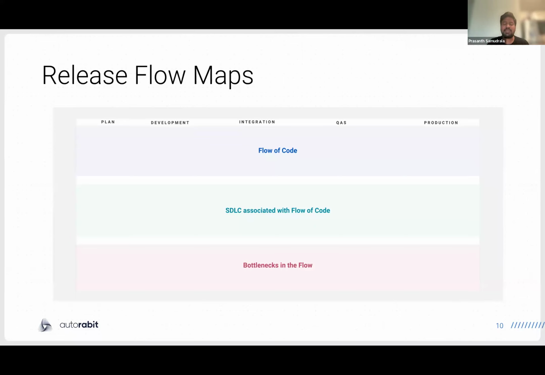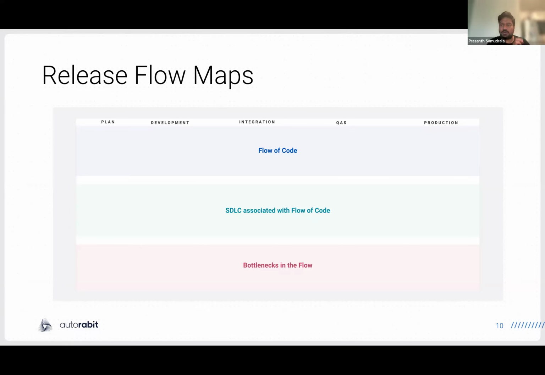So let me show you an example of how this looks from a real customer use case. This is what we want to give you as part of this webinar. This template is going to incredibly help you in drawing out how your current state of things is at your enterprise, from planning to production.